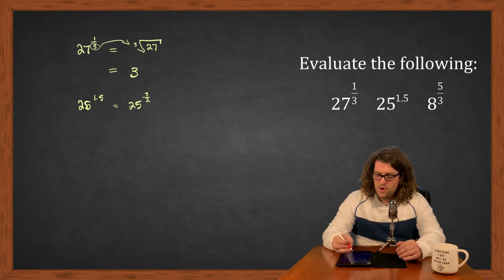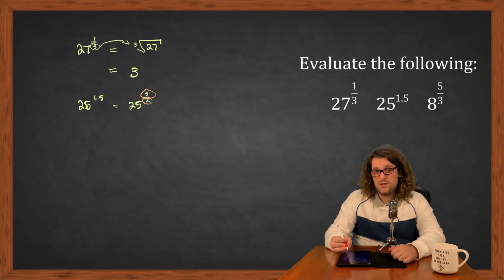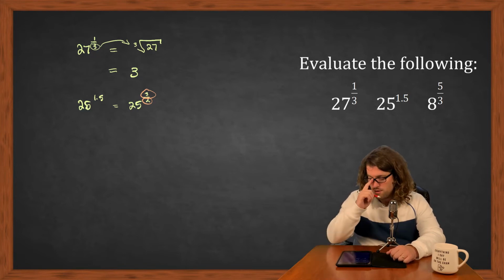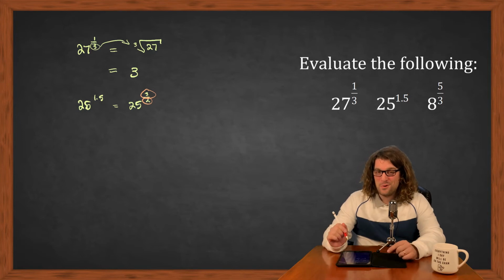Now, we also talked about in the last video that what this means is that I have a 3 that is going to become kind of my repeated multiplication power, and I have a 2 that's going to become the index on my root. So that's going to mean I'm using a square root. Usually we don't write in the index on a square root, but that's fine. But we also talked about how the order doesn't matter.